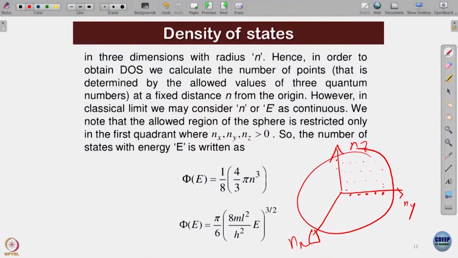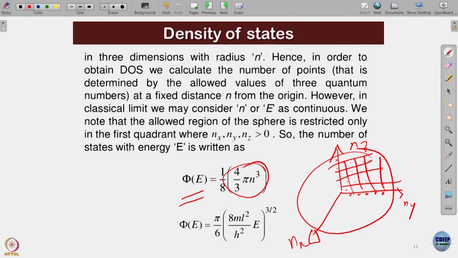That allows me to get the volume, because of this unit spacing, and the volume gives me the total number of states. And since it is 1/8 of it, the total volume is 4 pi by 3 n cube, where n is the radius, and n square is nx square plus ny square plus nz square. Then the total number in all these regions, 1/8 of it, is 1/8 times 4 pi by 3 n cube, that is just beautiful.